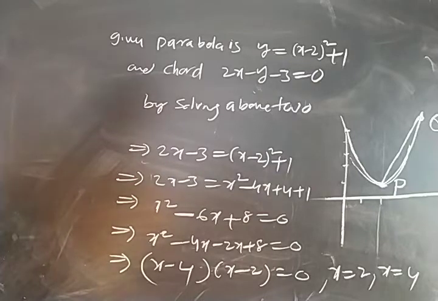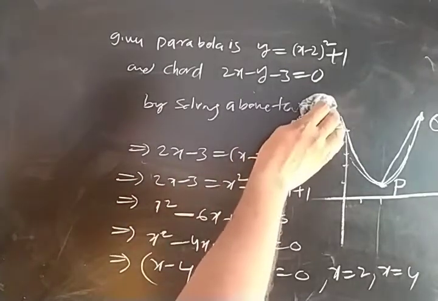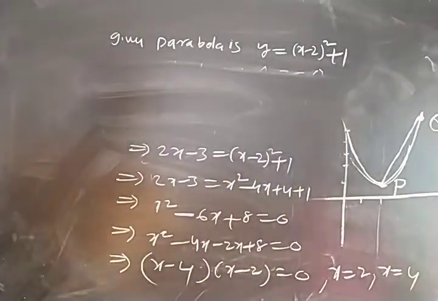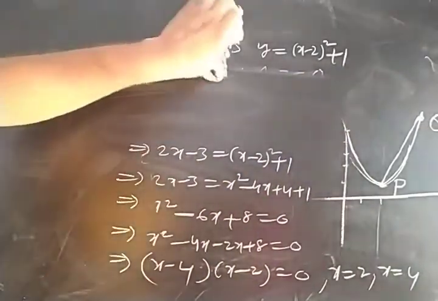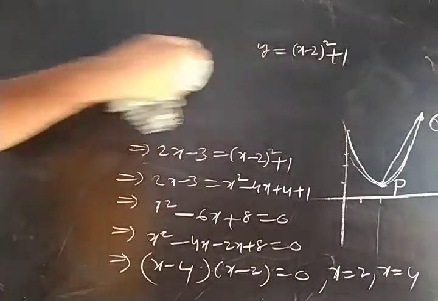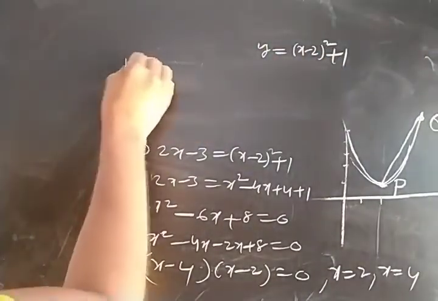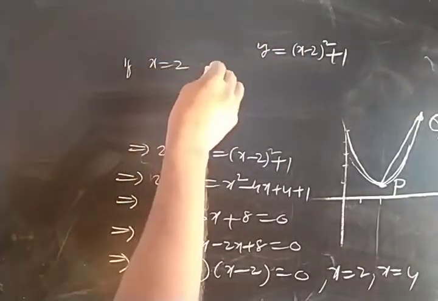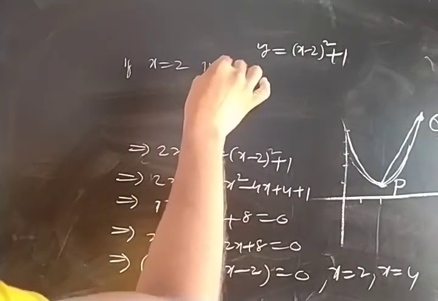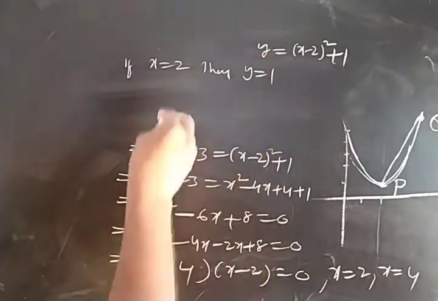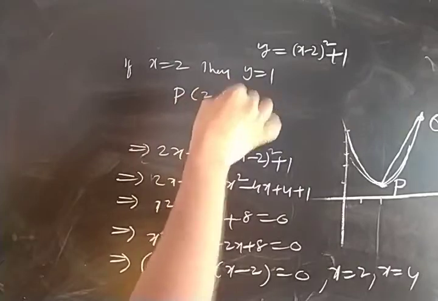Now I am substituting x equal to 4 in the curve. Why? Because by putting x equal to 2, we will get the P point. If x equal to 2, then y equal to 1, that will be (2, 1), which we already got.